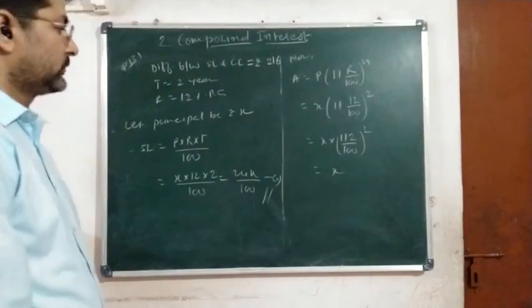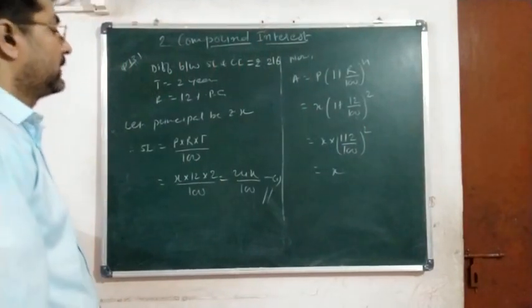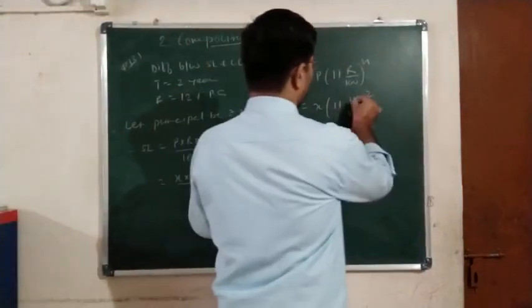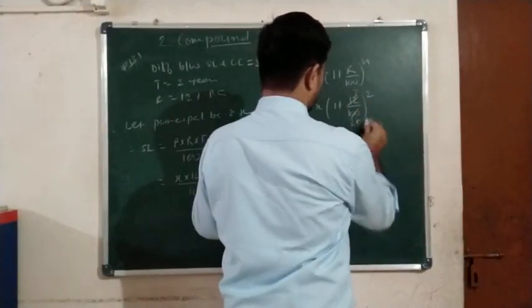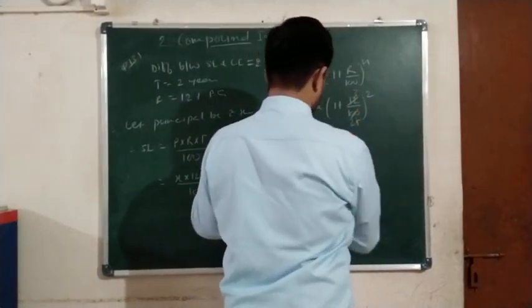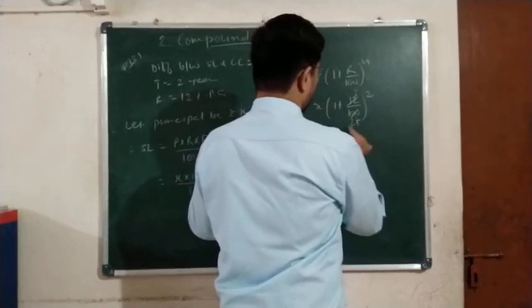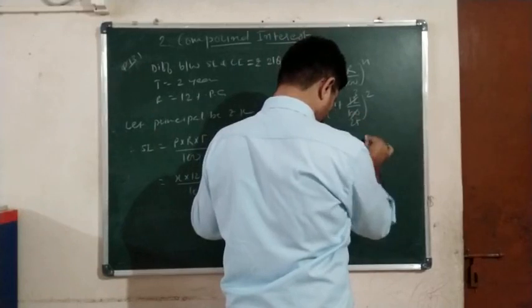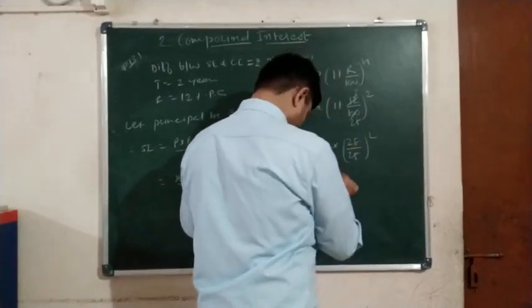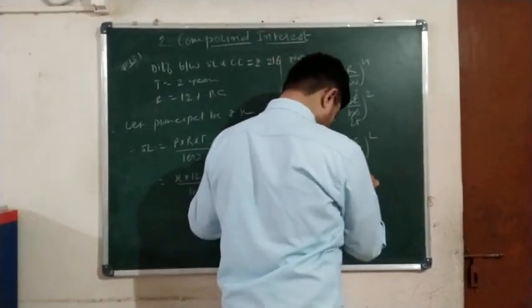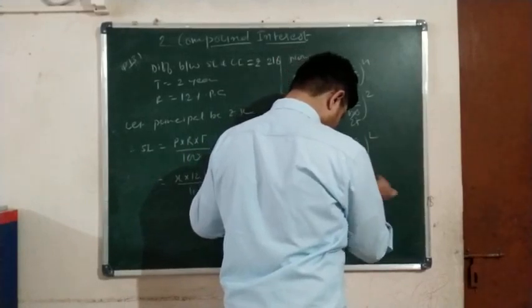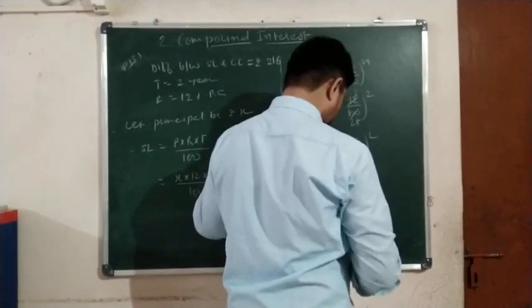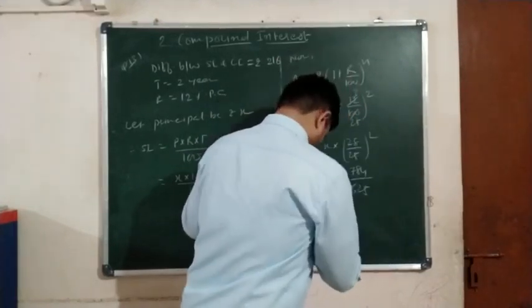Let us simplify, let us reduce by 4. 4 3s are 12, 4 25s are 100, so 28 upon 25 the whole square. So 28 squared is 784 upon 625.